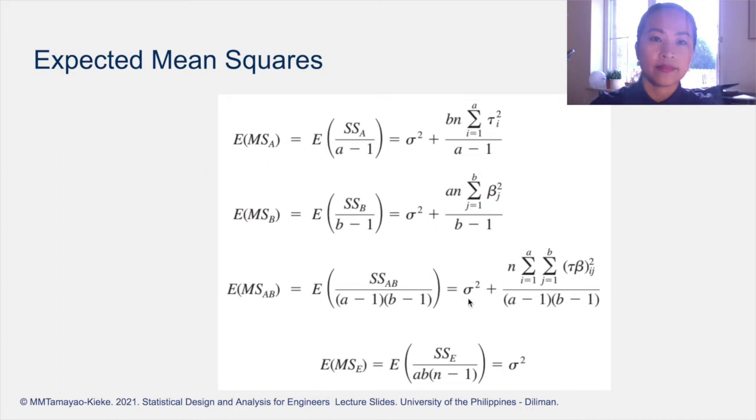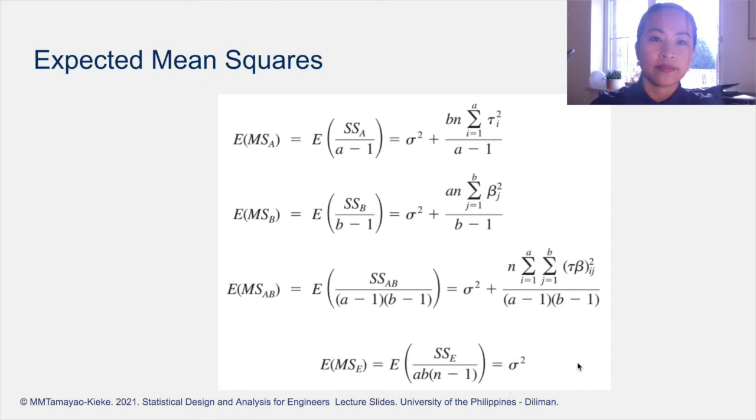However, if the effect of any of these factors is significant, or the interaction is significant, then the mean square for the factor or the interaction would be greater than sigma squared, which is also the error.